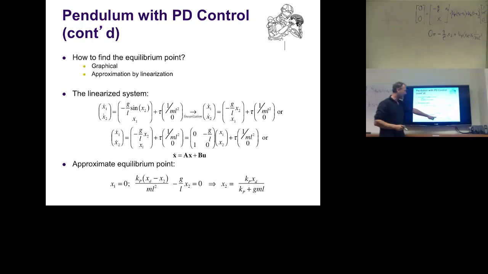And that basically has already happened here on the slide at the bottom. So we get x2 equals Kp times x desired divided by Kp plus GML.